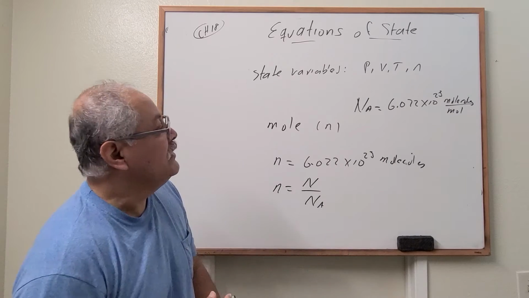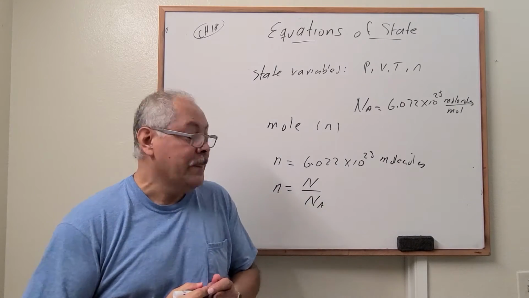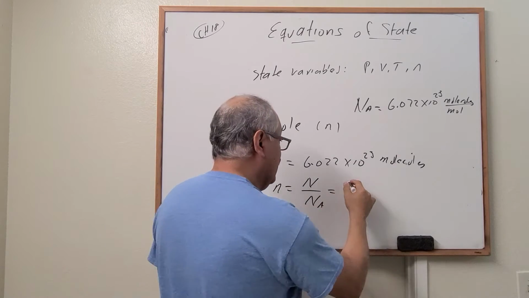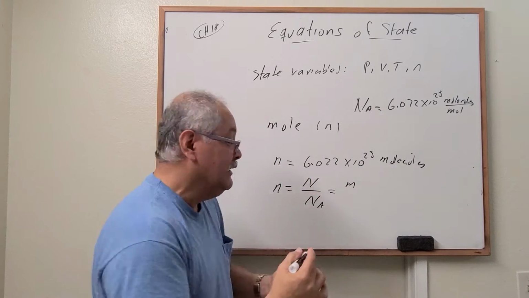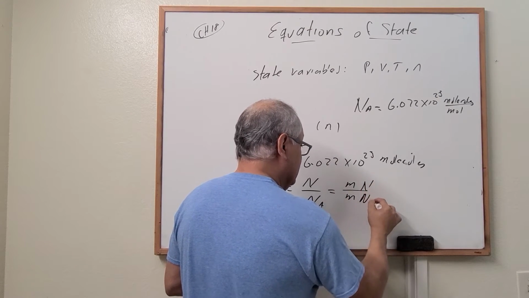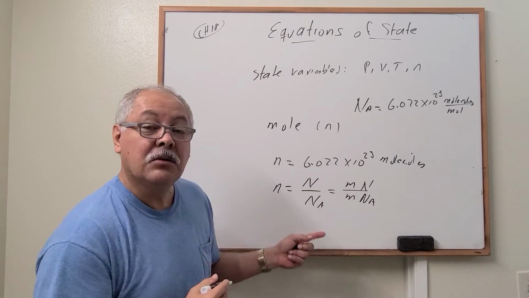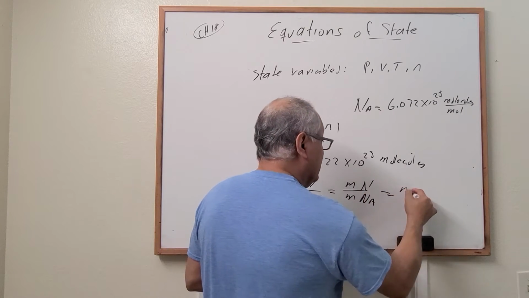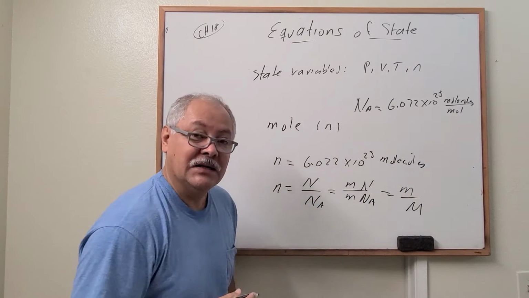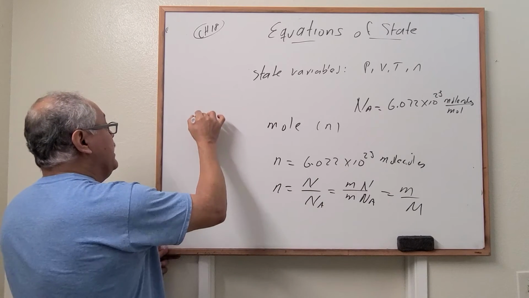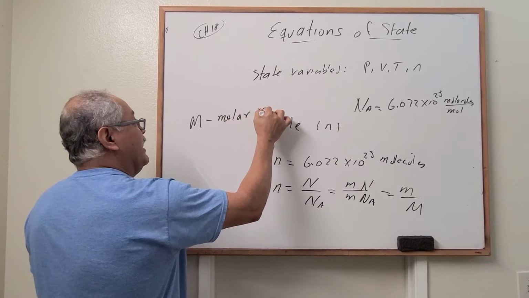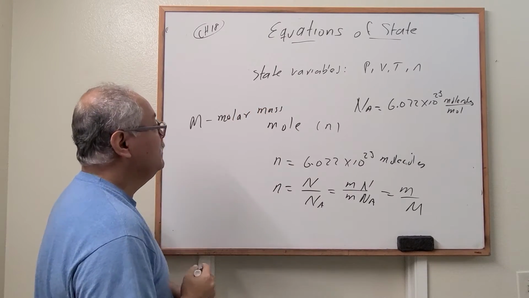That's going to be the Avogadro's number. And if we multiply by the mass of the gas, we get that the number of moles is equal to the mass of the substance divided by the molar mass. This big M is called the molar mass.